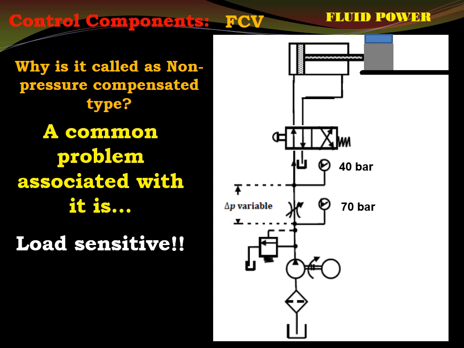Pressure upstream to it can be increased to keep the same pressure difference as previous. Again, you can ask, sir, pressure upstream to the FCV depends on the pressure relief valve. We are not going to change the relief valve setting. Then how come the pressure difference across the FCV remains constant?